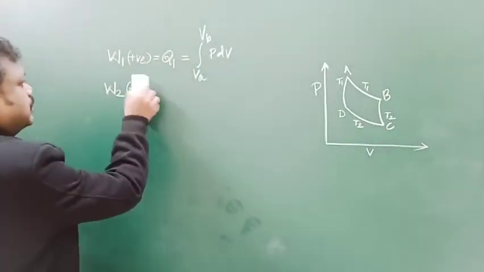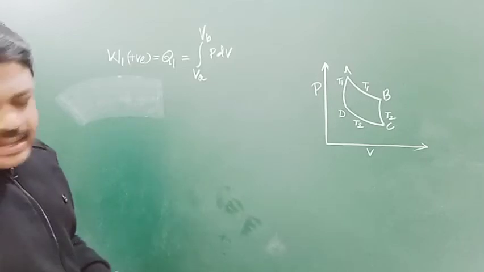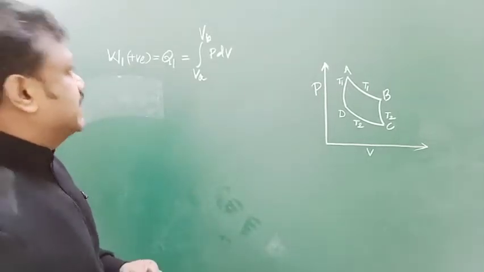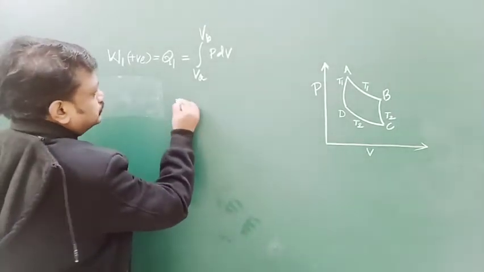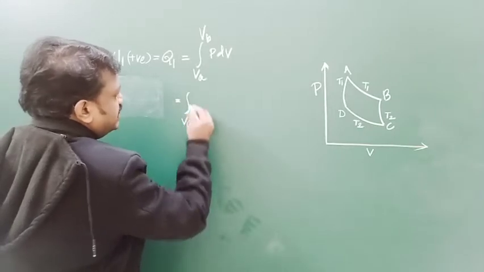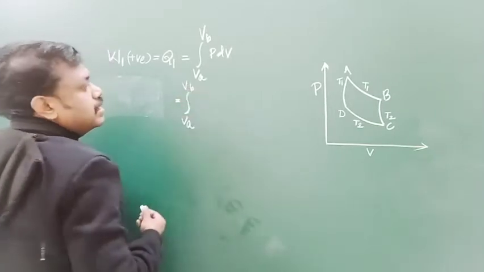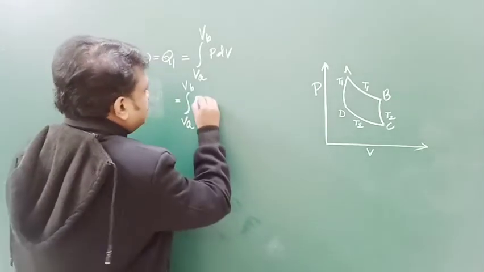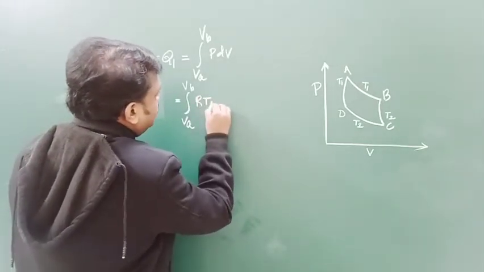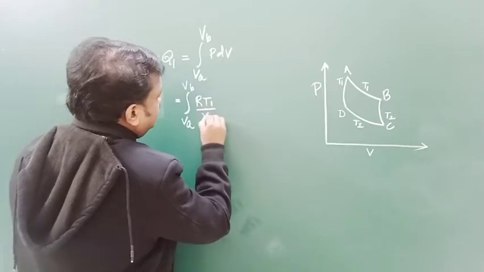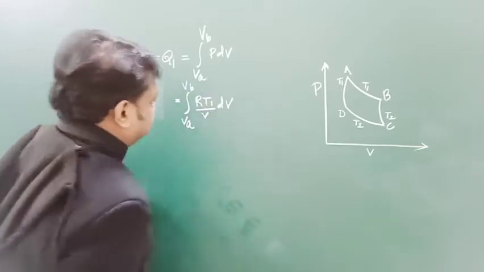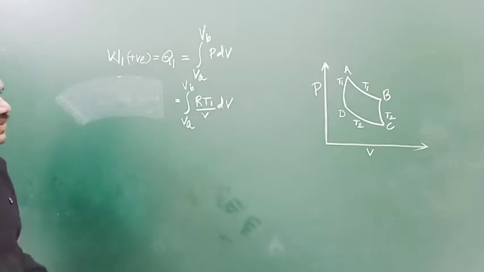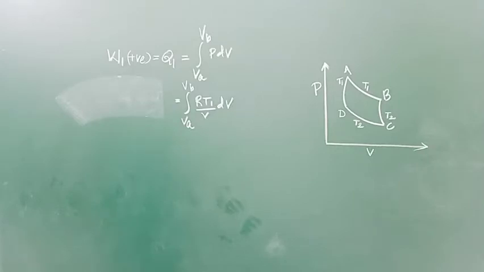Okay, so W1 is equal to the integral from VA to VB of P dV. P is RT1 divided by V, since the temperature is T1, so we have the integral of RT1 divided by V dV.